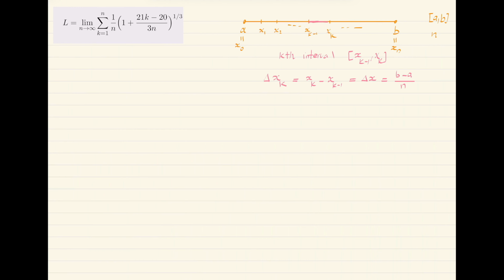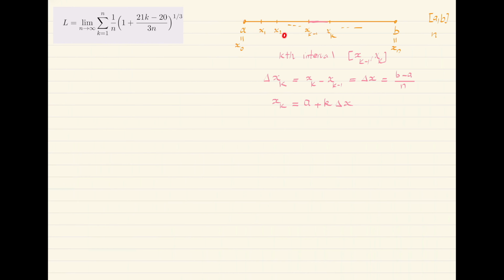Okay. So then of course if I want to find a formula for each one of these what we call nodes, the node number k is the beginning number, which is a, plus k times delta x. Yes, for example, if I want to reach x1, I start from x0 and I add 1 delta x.